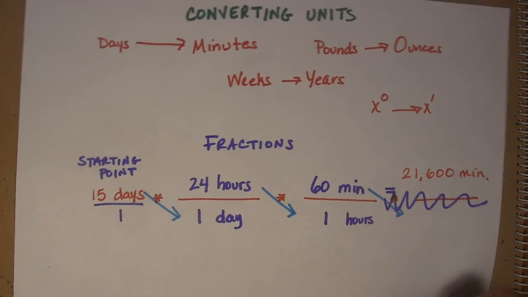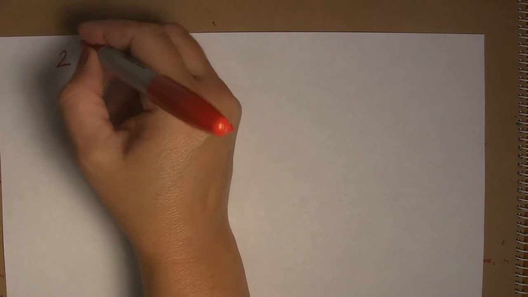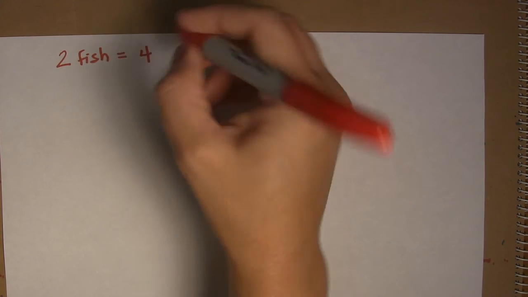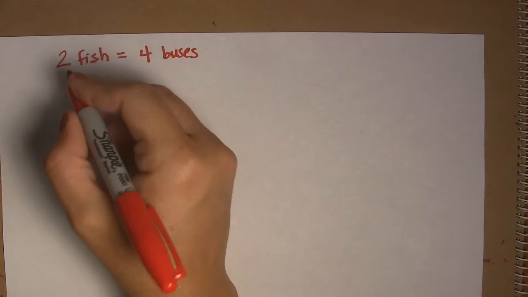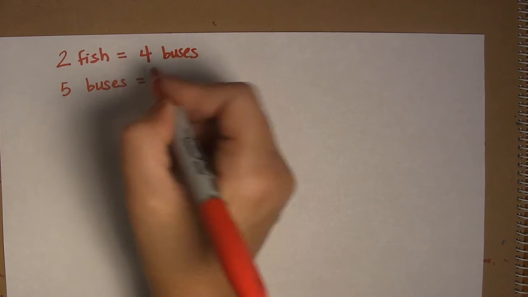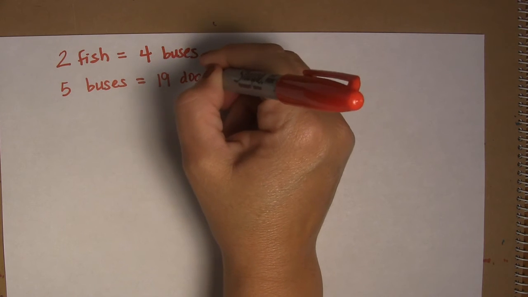I'd like to point out that you can do this even if you are not familiar with what the units are. So let's say that I tell you that 2 fish equals 4 buses. And I know that 5 buses equals 19 doohickeys.